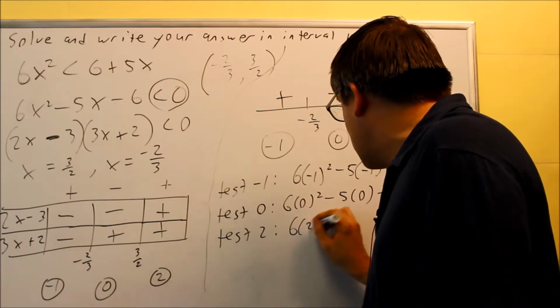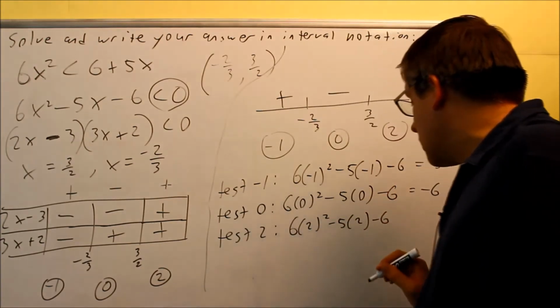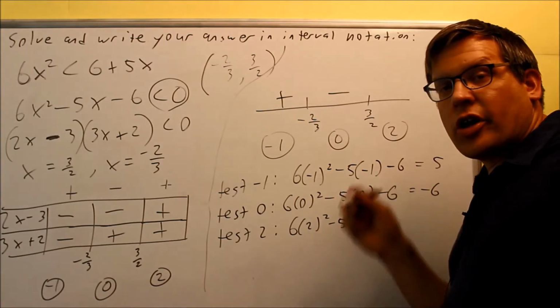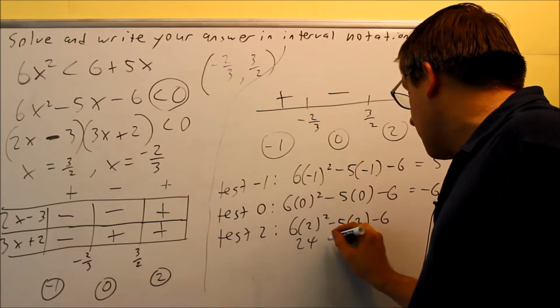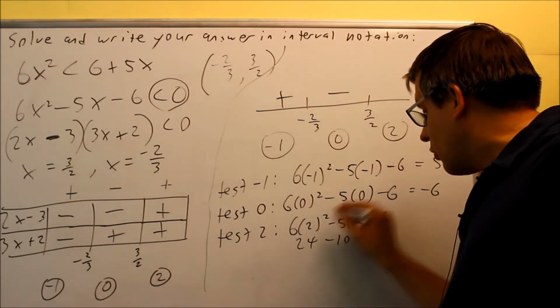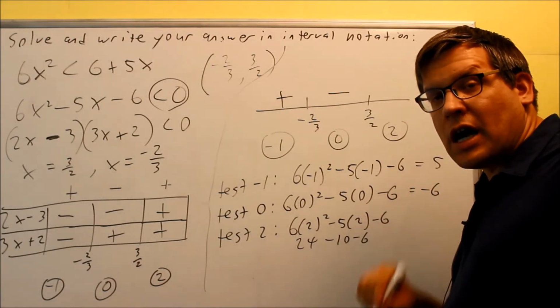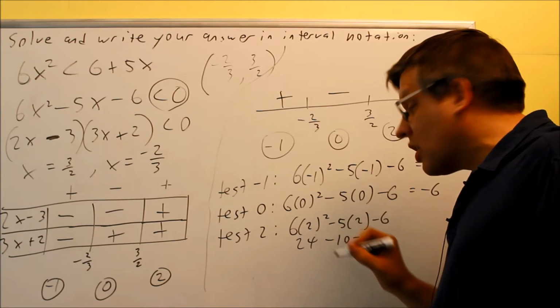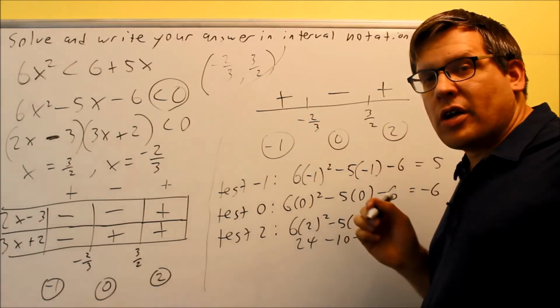So I have 6 times 2 squared minus 5 times 2 minus 6. All I'm concerned about is whether I get a positive number or a negative number. This is going to be 24 minus 10 minus 6. We don't even need to figure out the exact number, because all we're concerned about is whether it's positive or negative. This result is going to give you a positive number. So therefore the ending region is going to be a plus.